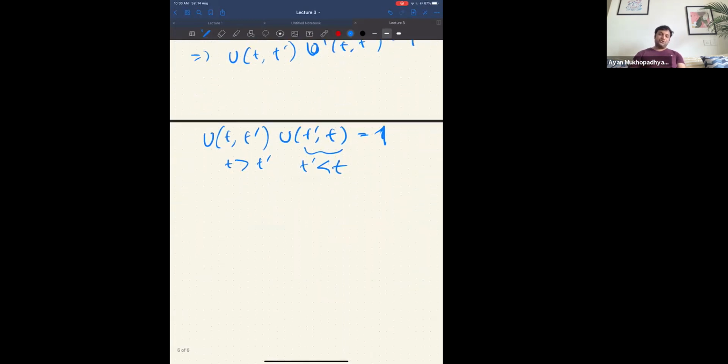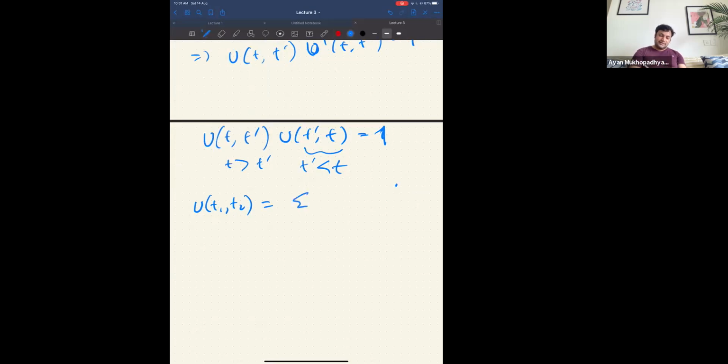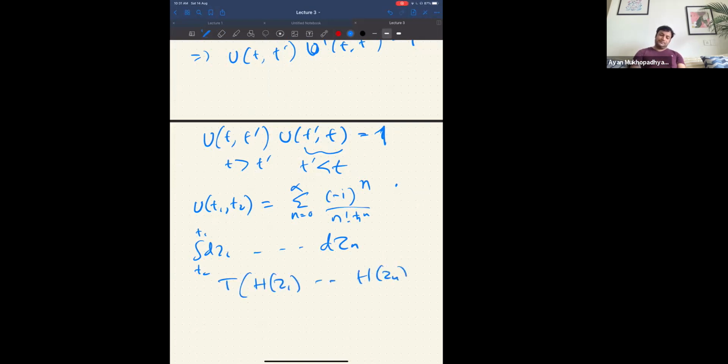But then you see that what you could do is as follows. Let us take this expression that we already have, U(t1,t2), equal to the sum over n from 0 to infinity of (-i)^n / (n! ħ^n) times the integral dτ1 to dτn, and this goes from t2 to t1, of the time-ordered product of H(τ1) to H(τn), right?